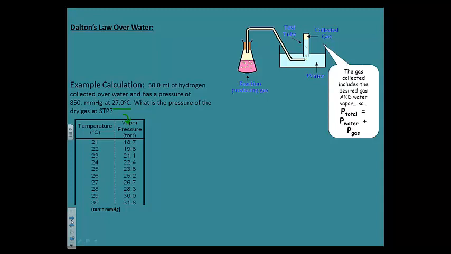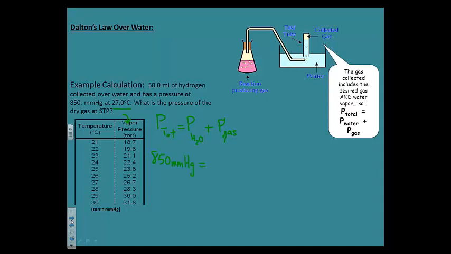Here's how we're going to set that up. Remember, P total equals the pressure of water plus the pressure of the gas. In this case, it is hydrogen. So I know 850 is my total pressure.